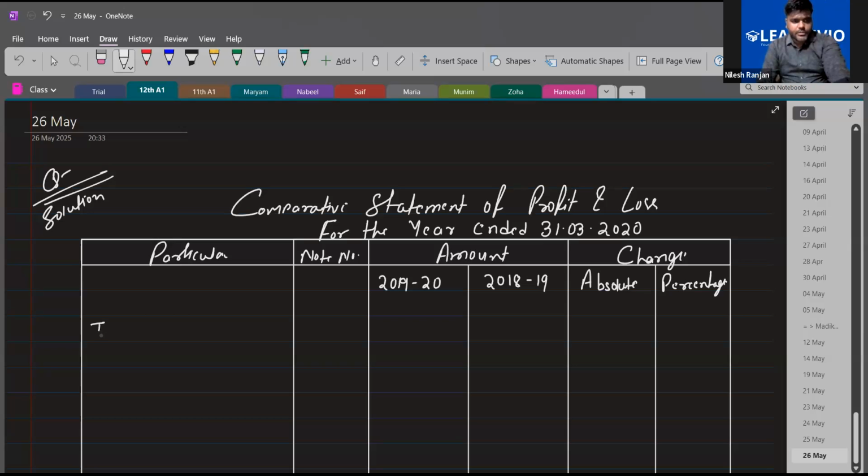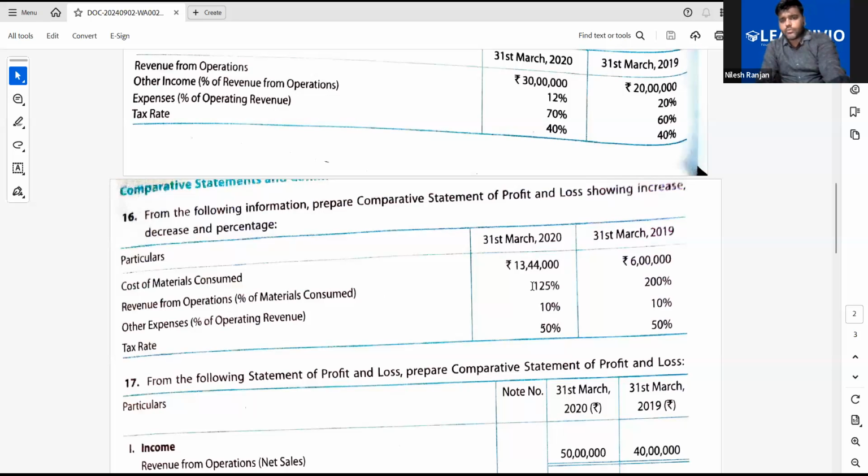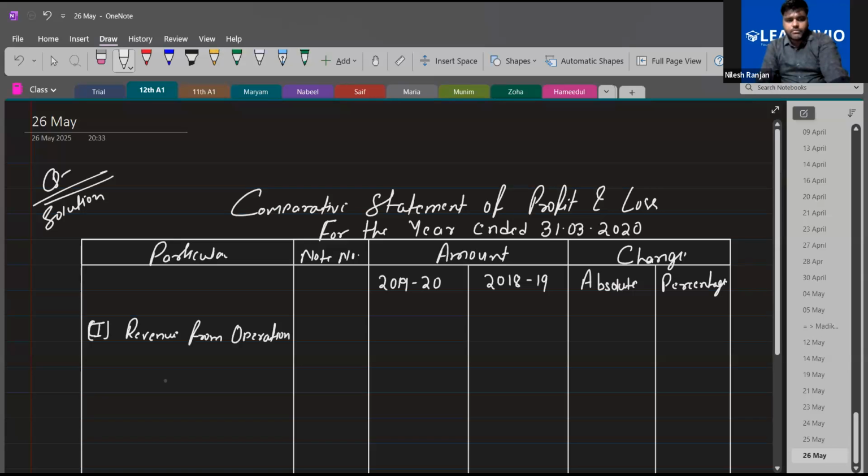So the first item is revenue from operations. It is given in percentage of cost of material consumed. There is only one income, so we will write total revenue.